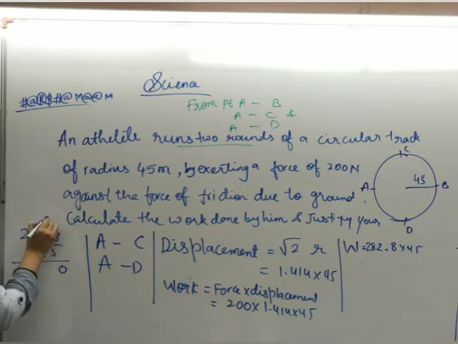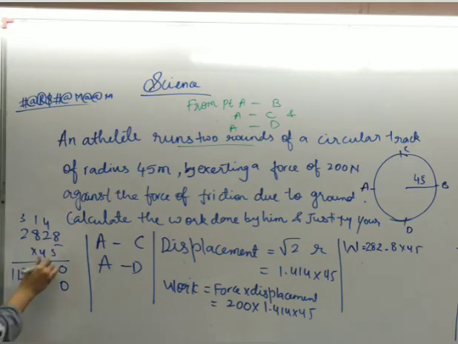4 8s are 32. 4 2s are 8, 9, 10, 11. 8 4s are 32 plus 1, 33. 5 8s are 40. 5 2s are 10 plus 4, 14. 5 8s are 40 plus 1, 15. 5 2s are 10 plus 1, 11.